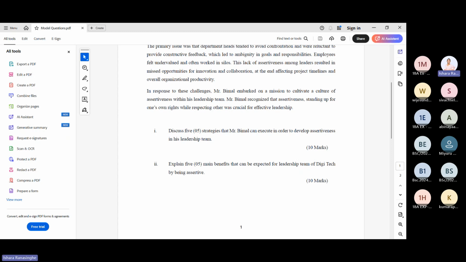It's a matter of applying the points that you can find in the slide to this case study. Application is important. You need to link with the case study.